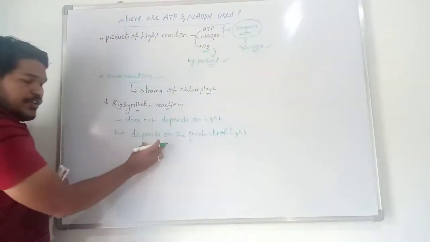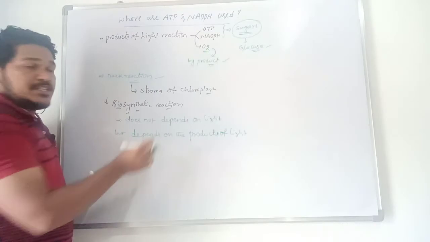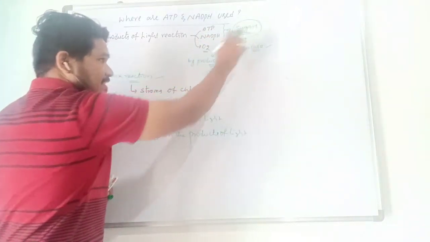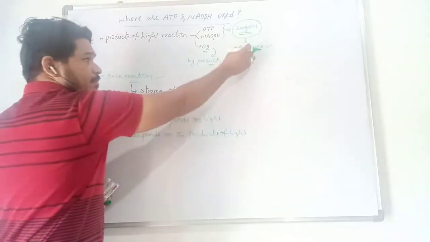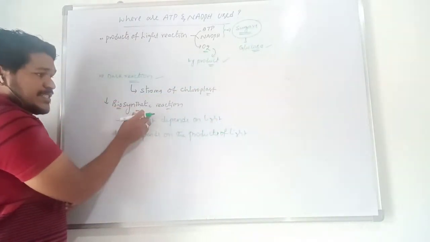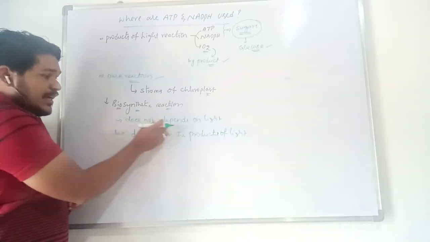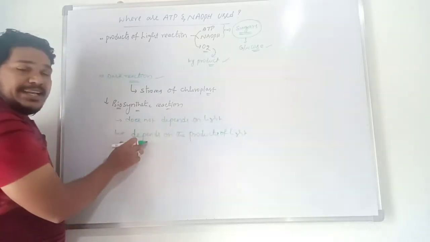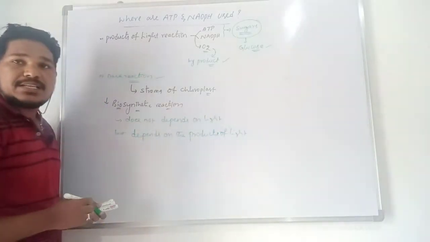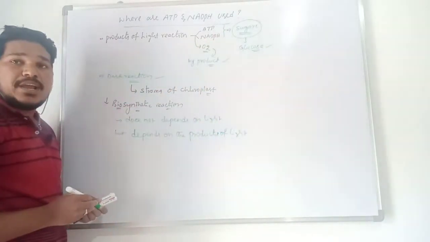During the light reactions the products are ATP and NADPH molecules, which are further used for the synthesis of sugars, the glucose molecules. So the biosynthetic reactions do not depend on the light reactions themselves but on the products of light reaction.